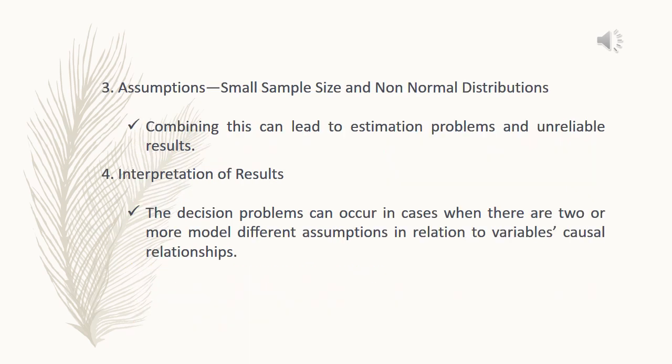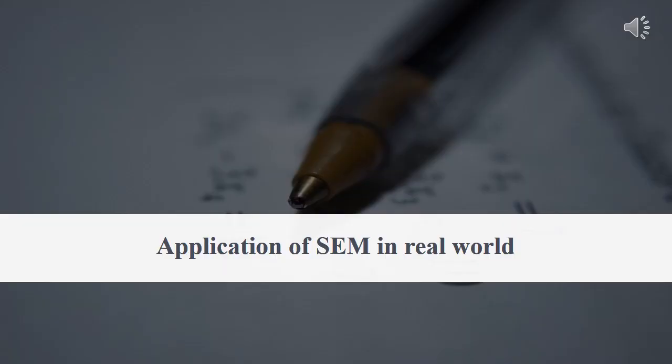Assumptions, small sample size and non-normal distributions. Combining this can lead to estimation problems and unreliable results. 4. Interpretation of results. The decision problems can occur in cases when there are two or more different model assumptions in relation to variables' causal relationships.